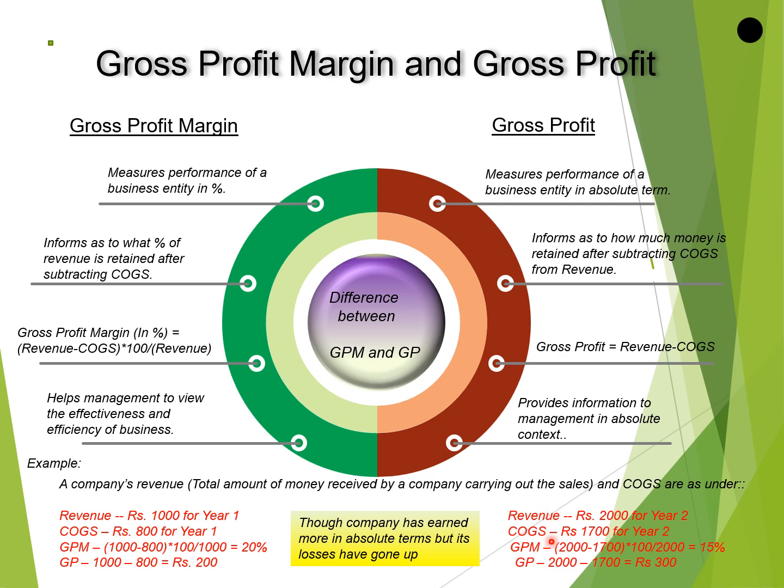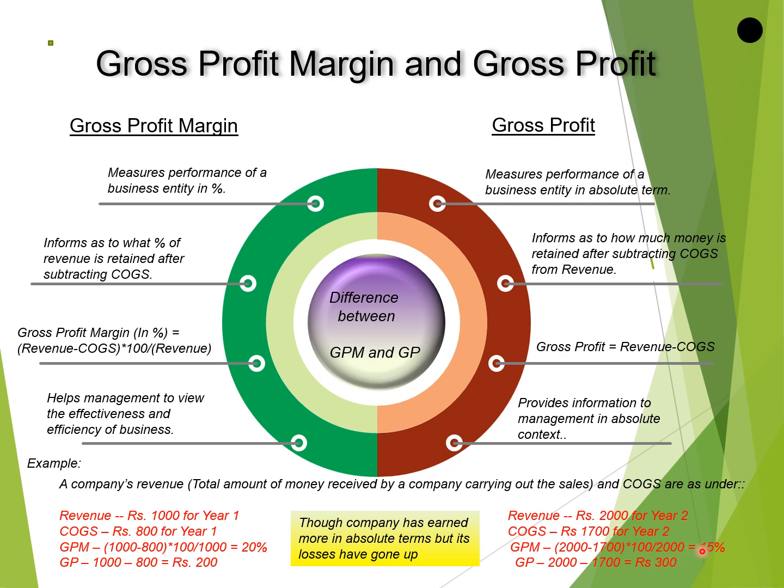In second year, suppose the revenue of the company is doubled, so it is rupees 2000 for year 2. The cost of goods sold for this year was 1700. Now gross profit margin for year 2 shall be 2000 minus 1700, into 100 upon 2000.